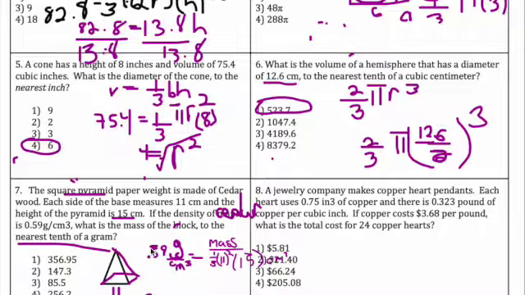So you see that I'm multiplying this times this, and this is on the bottom, this is on the top, so it gets crossed out.